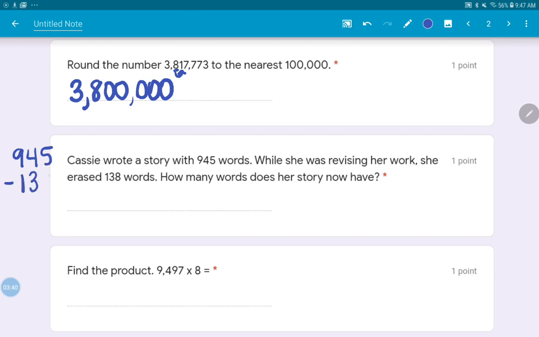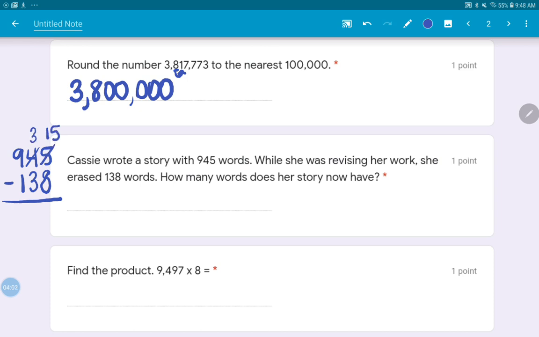How did you know you're supposed to subtract? Because it says she erased, and erasing is just making them go away. Exactly. So we started with 945. That was the total she started with. She took away 138. You borrow 10 from the 4, so you can subtract 8.